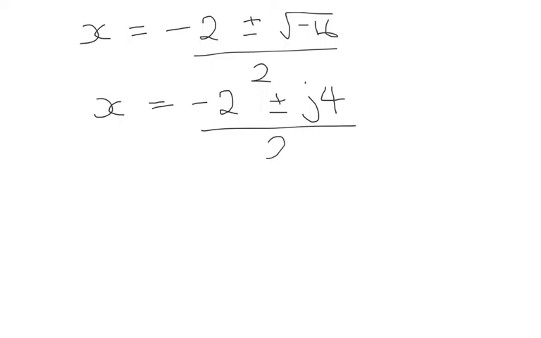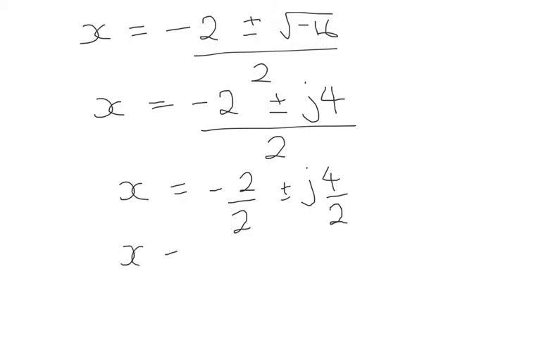So x is -2 divided by 2 plus minus j4 over 2. I'm splitting it into two separate fractions to simplify. So x is -1 plus minus j2. Two solutions exist and they're both complex.